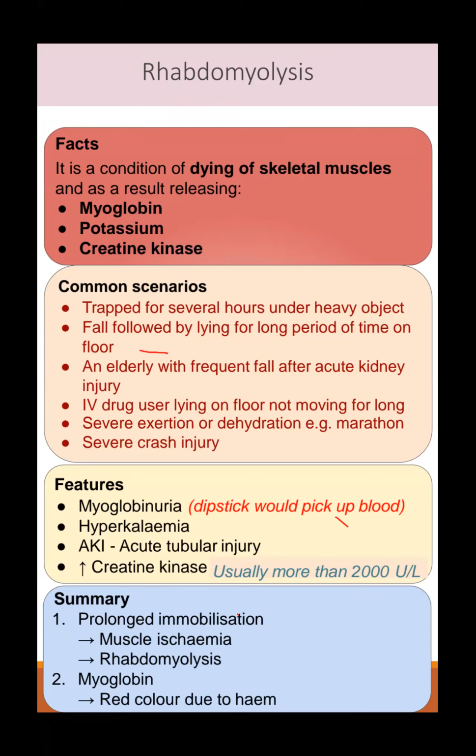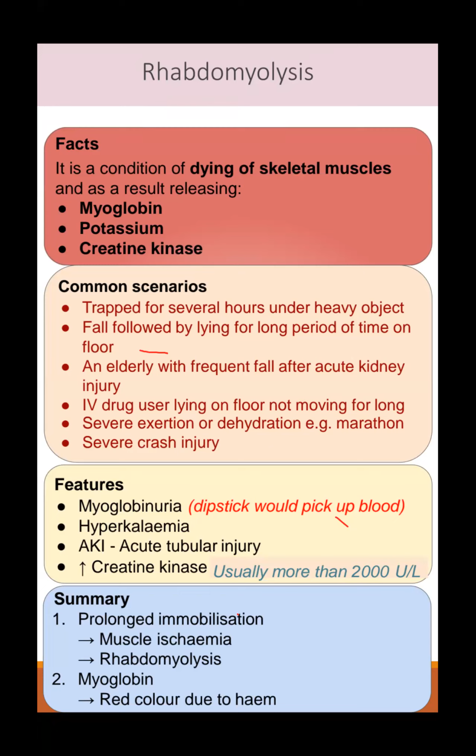The history may be trapped for several hours under a heavy object, or a sudden severe fall followed by lying on the floor for long, an accidental injury, an IV drug abuser, or any crush injury. The muscle damage causes myoglobinuria, hyperkalemia, and acute kidney injury or acute tubular injury, with increased creatine kinase. So prolonged immobilization, muscle ischemia: rhabdomyolysis.